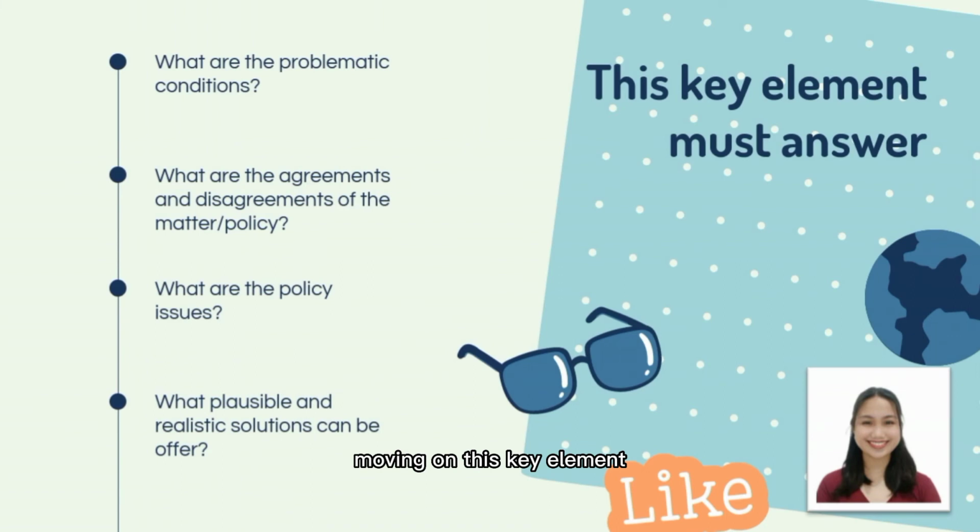Moving on, the problem definition key element must answer the questions: what are the problematic conditions? What are the agreements and disagreements of the matter or policy? What are the policy issues? And what plausible and realistic solutions can be offered?